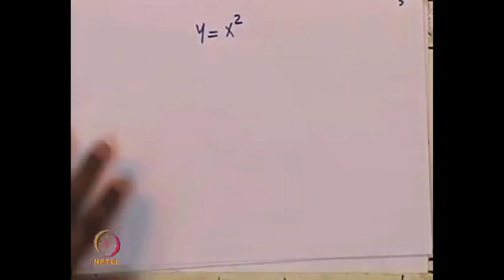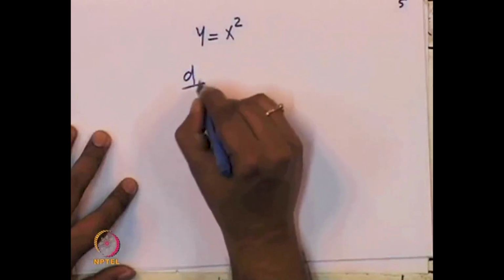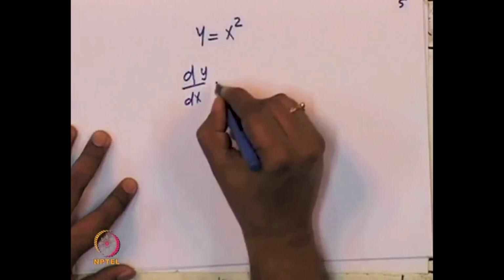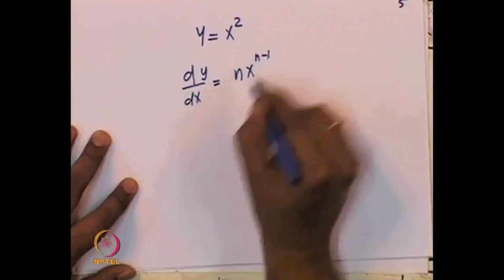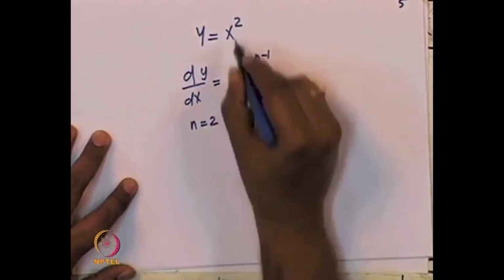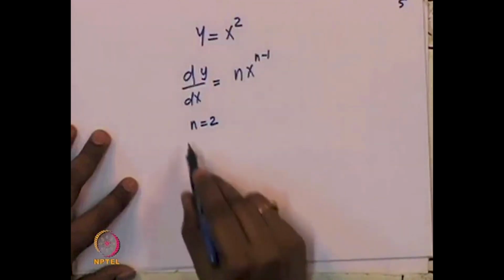Now let us look at the next function, y equal to x square. So now the rule is that dy by dx is n x power n minus 1. Here n is 2 because it is x power n. So n is 2.